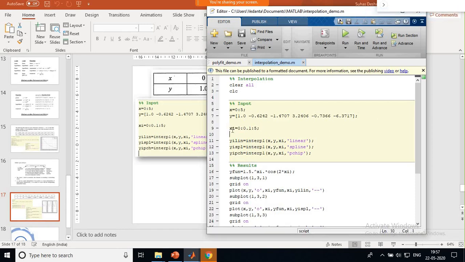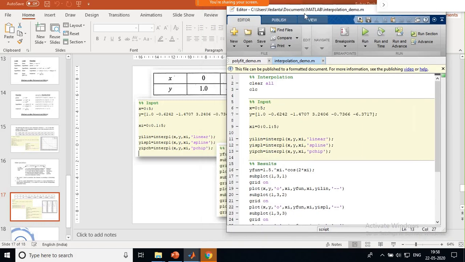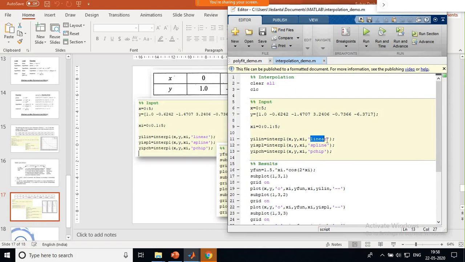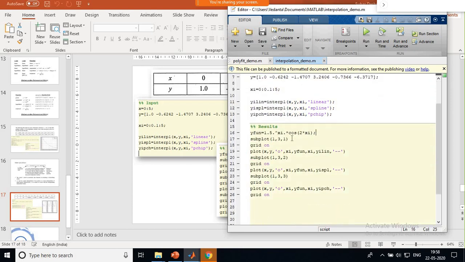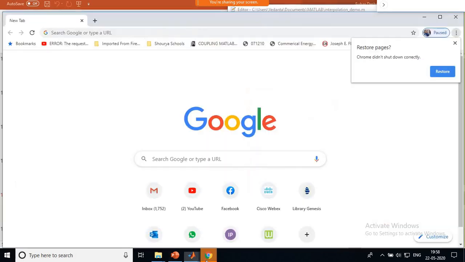Then you want to determine the values of y for different x values. Then you want to fit a linear curve, spline curve, and pchip curve, all these curves. Here you are going to provide linear, spline, pchip and so on. Later you can plot this into a single plot, as subplots. Okay, then you run.